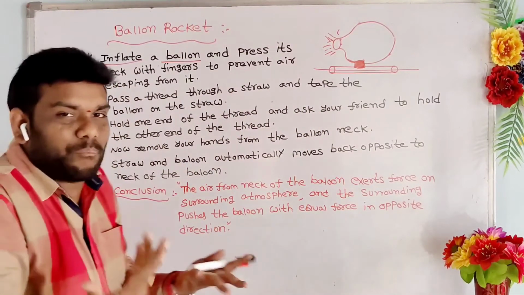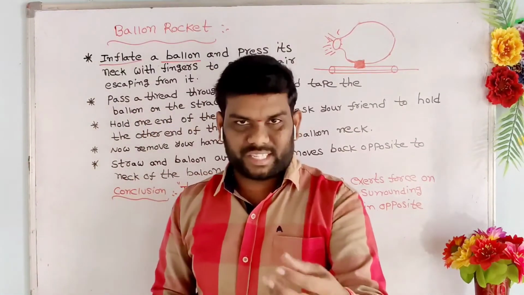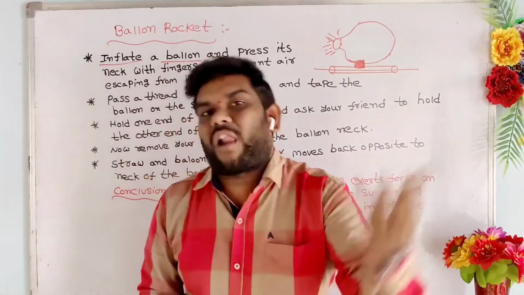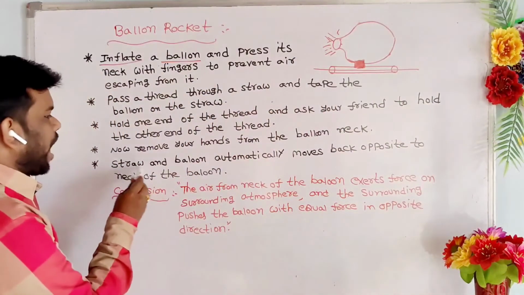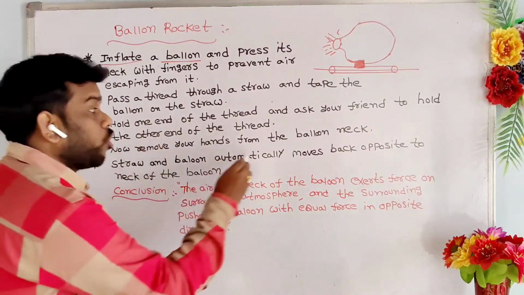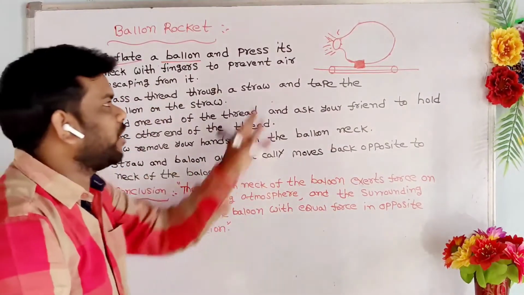Then what happens? Immediately the balloon flies off. The straw and balloon automatically move back, opposite to the neck of the balloon.